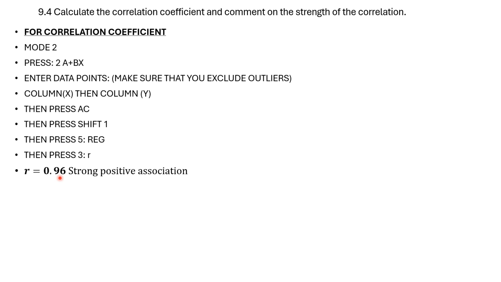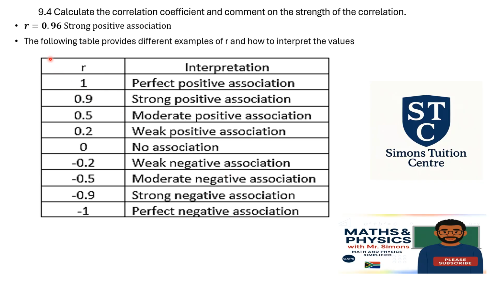Now this here, if we have to comment on the strength, is called a strong positive association. If you want to, we have the following table that provides different examples. So if it's 1, it's a perfect positive association. 0,9 strong positive, 0,5 moderate, so between 0,5 and say 0,8 moderate, then 0,2 and 0,4 weak positive association, 0 no association.